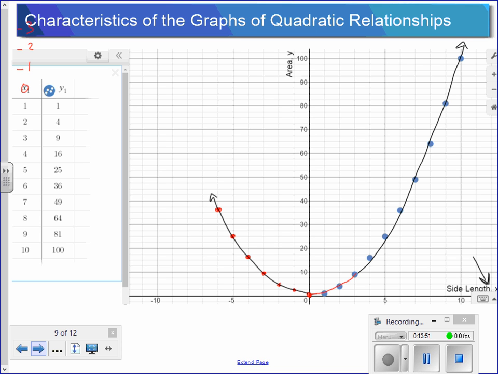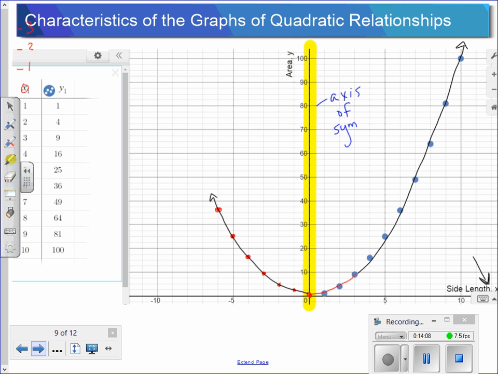So notice that there's some symmetry here, and that's a characteristic of all quadratic relationships. Okay, so this line here, this is what we call an axis of symmetry. Okay, so it's the vertical line about which you can reflect one side of the graph to produce the other one, which is the one I just drew over here.